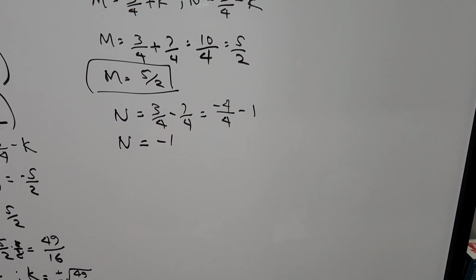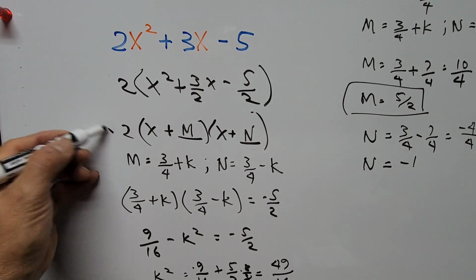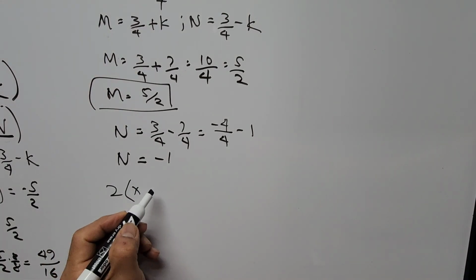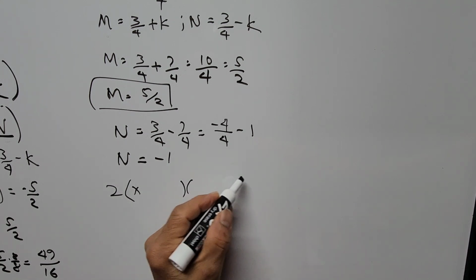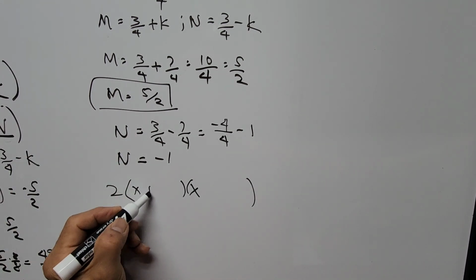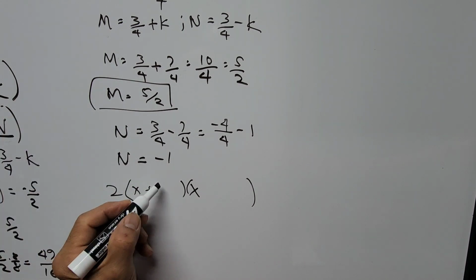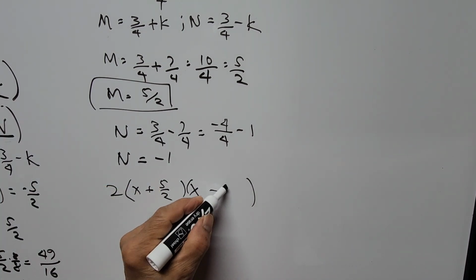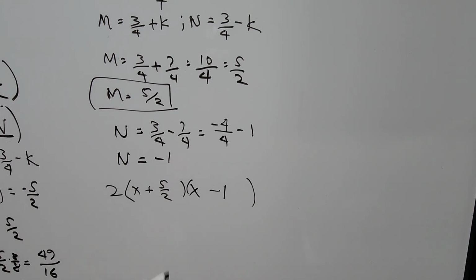From earlier, we have 2 times x and x, then plus m, which is 5 halves, and n is negative 1, so it's just minus 1. So that's our factored form, right?